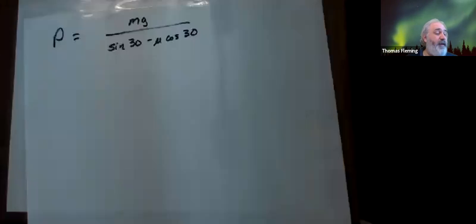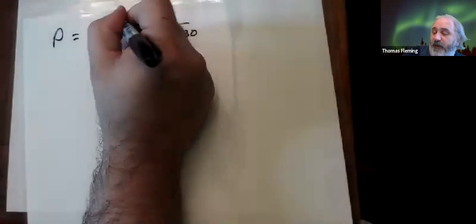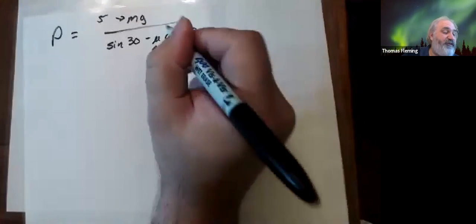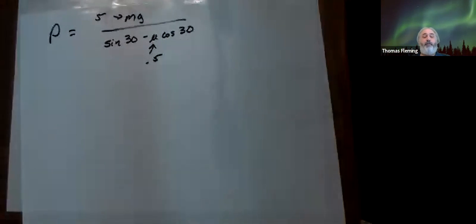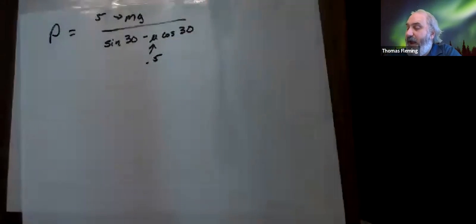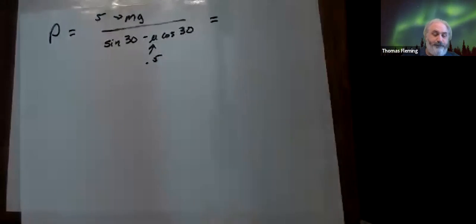And conveniently, we were given both factors that we didn't know, right? We were told that M was 5 and the coefficient of static friction was 0.5. So I can plug in all my various values and we'll see what we get. We'll see how hard I can push.